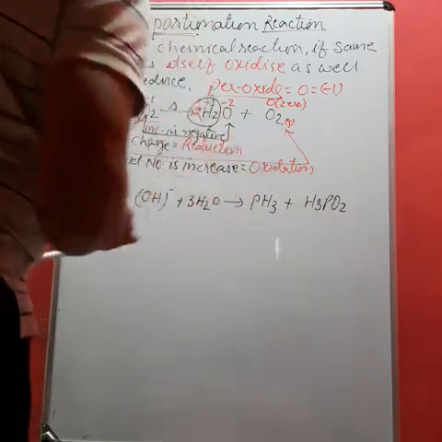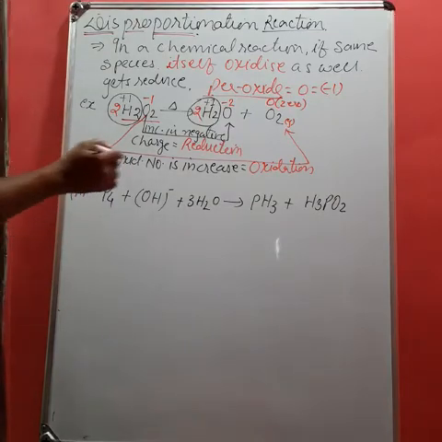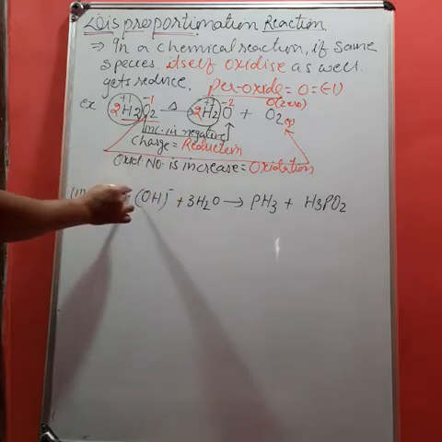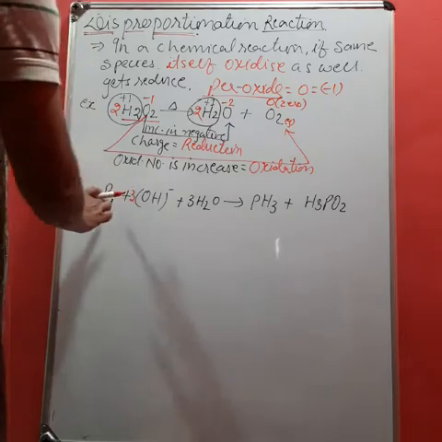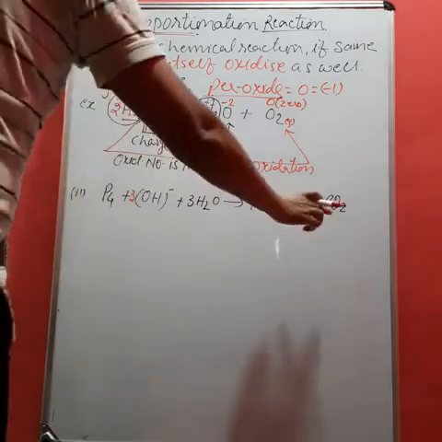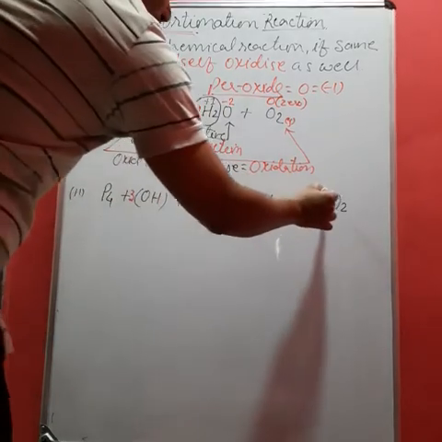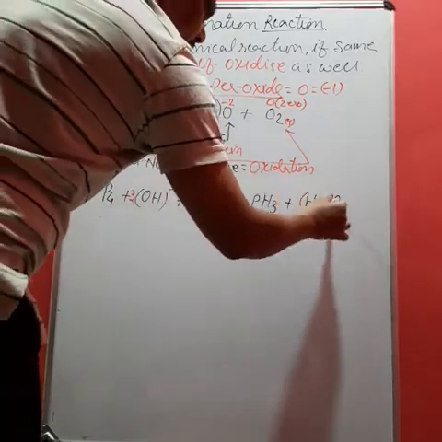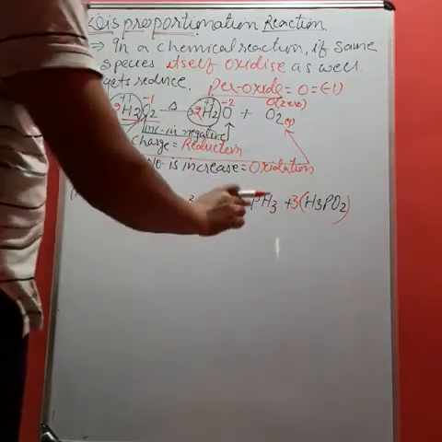Now to find the oxidation state of all species, first you balance it. This is 3OH, remember, an anion. Here P4, and with the oxygen count, we can write here 3. So now the reaction is balanced.